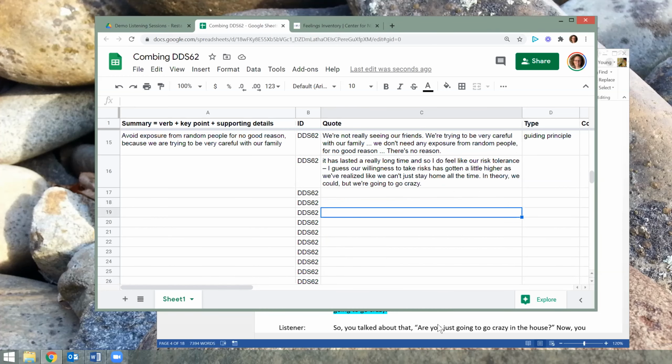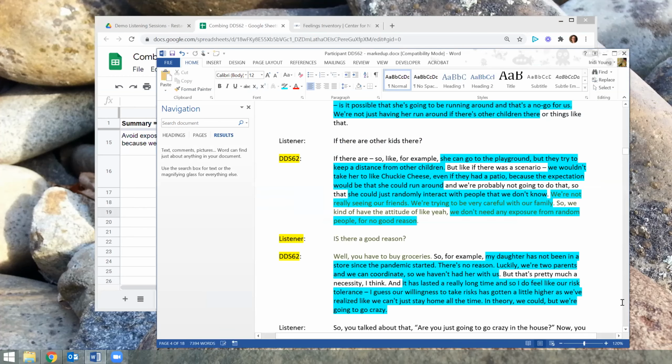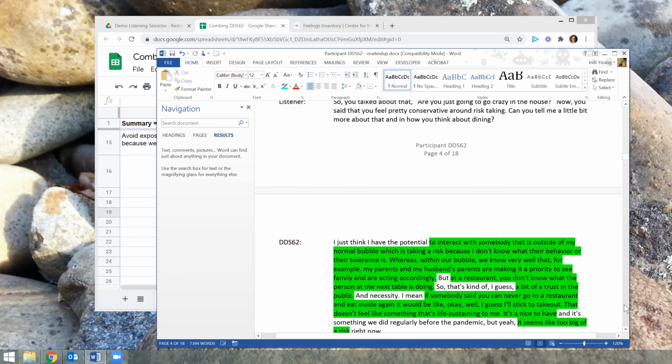What verbs? And also, is there anything in the next little section? Because the listener asks about going crazy. Outside, I see. Okay, right. Yeah, okay, that's an explanation of that.